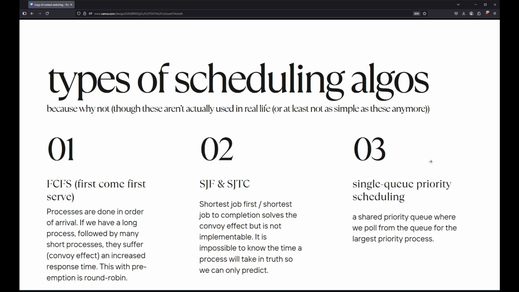With single queue priority scheduling, you would be able to pull from this queue for the largest priority process. Now, to be fair, this actually is not bad because you're ordering by priority, which is really good. You're not ordering by the length or whatever, because what matters to your computer is the things that it needs, right? It's not about how long it will take. So in this way, it's much more flexible to use priority-based scheduling algorithms.